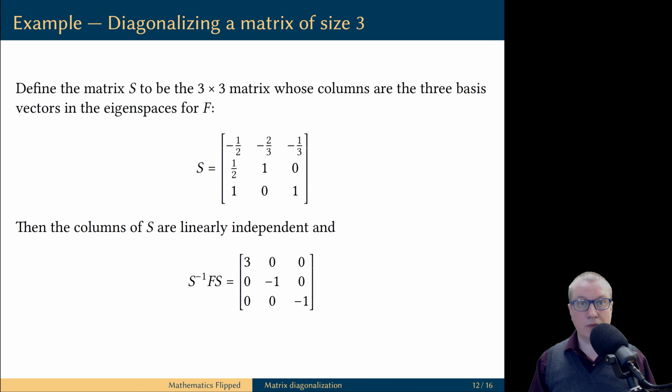And the third value on the diagonal is the eigenvalue that corresponds to the third column of the matrix S. We have found three linearly independent eigenvectors of the matrix F. Therefore, the matrix F is diagonalizable, and we have found the corresponding diagonal matrix.